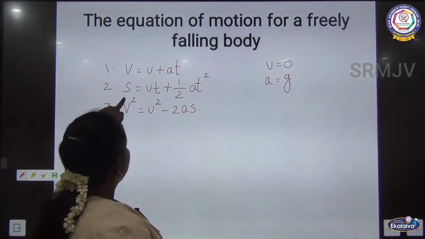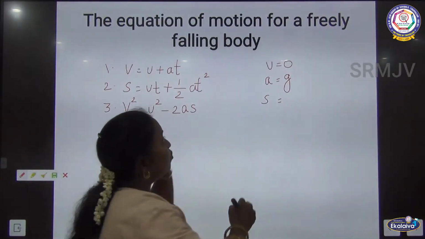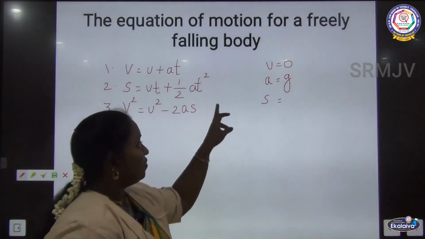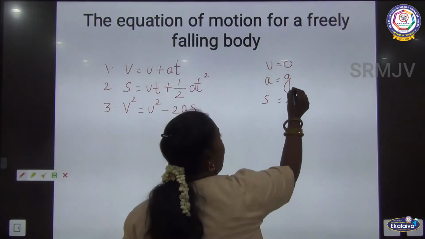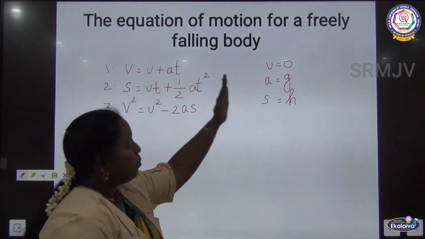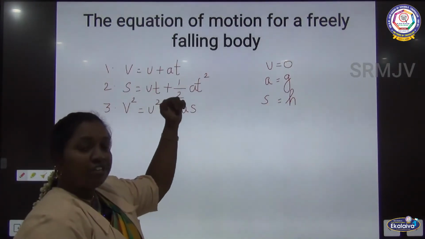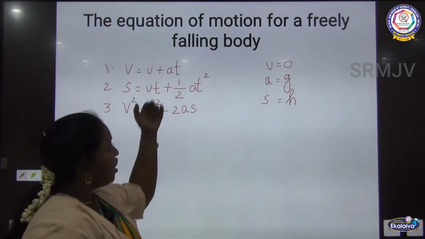Here the distance is given as s. So in the case of motion of a freely falling body, instead of s, the distance will be measured by height. With the help of this assumption, we are going to derive the equations of motion of a freely falling body from the equations of motion.